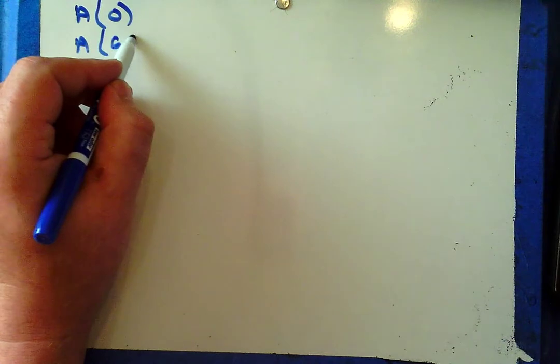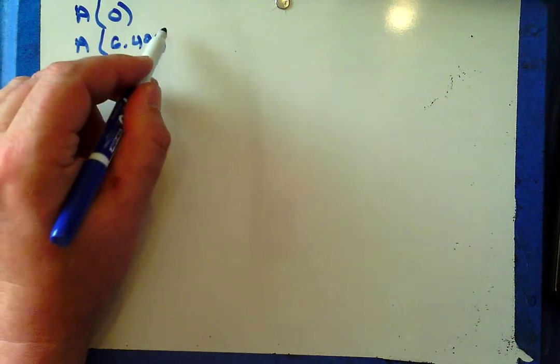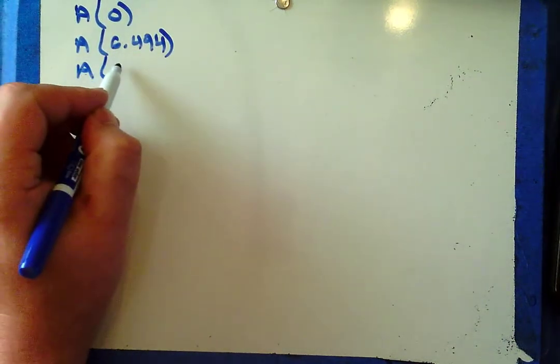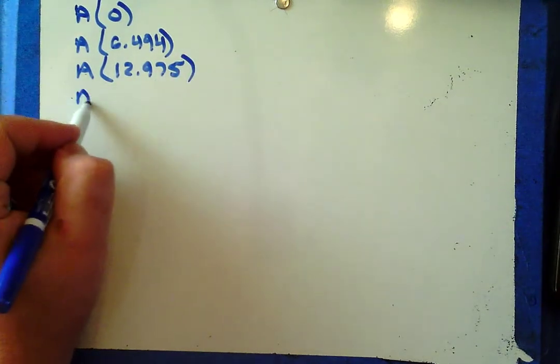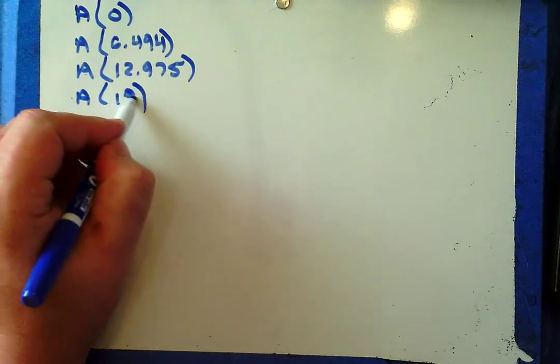So we found out that, I can't believe I just erased all those numbers. I really did just erase all those numbers, didn't I? Oh my god. Let's see what I can get back. A of 0, A of 6.494, A of 12.975, and A of 18.